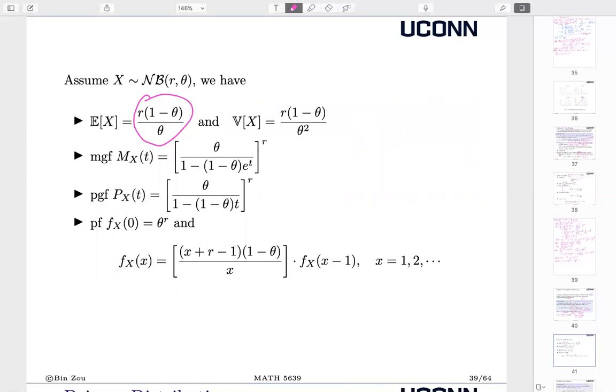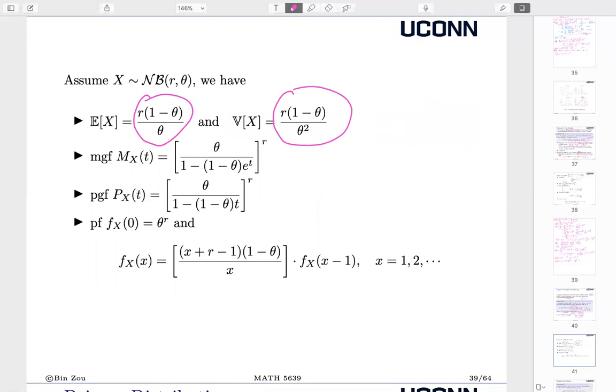We are repeating identical and independent trials. If waiting for one success, we need about 1 minus theta divided by theta failure events. Now we want to wait for r success events, so we simply multiply by r. And it's not surprising to see the variance is also multiplied by r, again because of the independence.